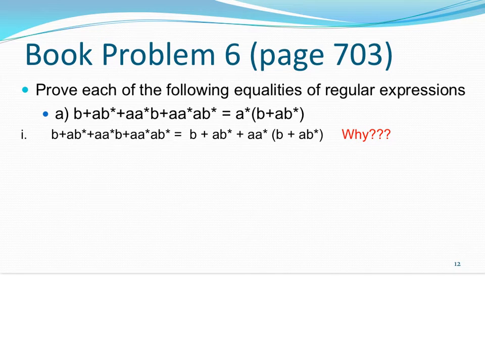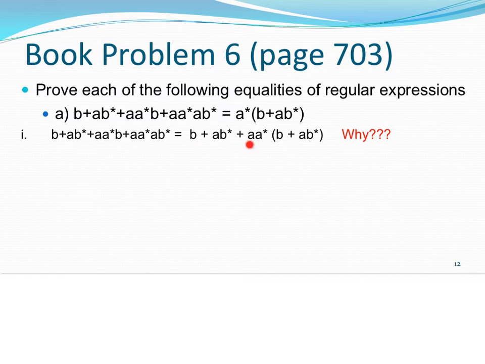So here's my first line. If I start with this thing, which is the left-hand side, I want to prove the left equals the right. So I need to start with the left and write a proof that ends with the right, or I could start with the right and have a big long proof that ends with the left. But I need to start with one side and go to the other. So I'm going to start with this, and I'm going to say, well, that equals this.